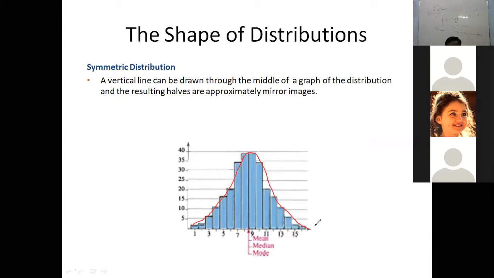This is very symmetric. A vertical line can be drawn through the middle of the graph of the distribution, resulting in halves that are approximately mirror images. If you cut it here, already it is cut there. So you can see 2 halves there.